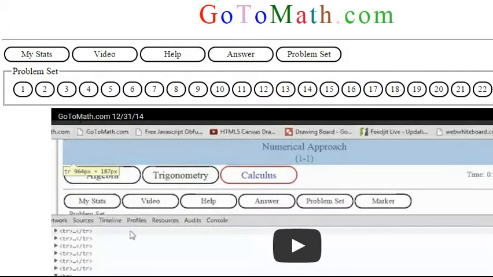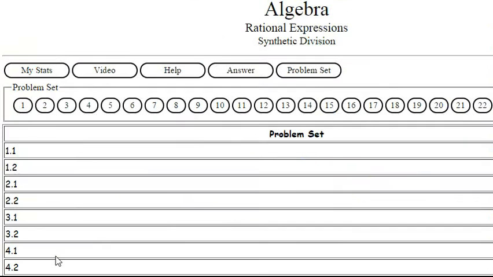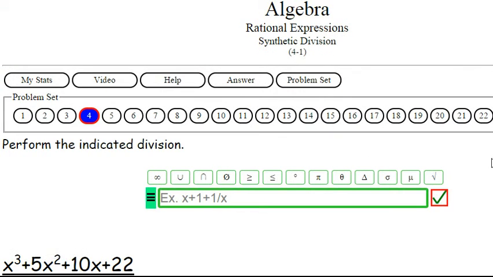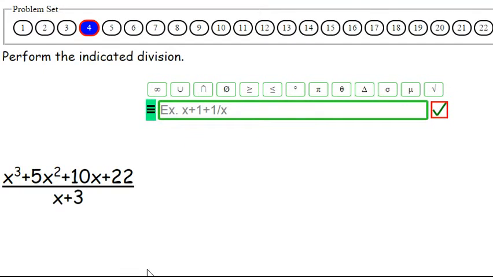Okay, we're over here at gotomath.com, click on algebra, let's go down to synthetic division, and we're looking at 4.1.